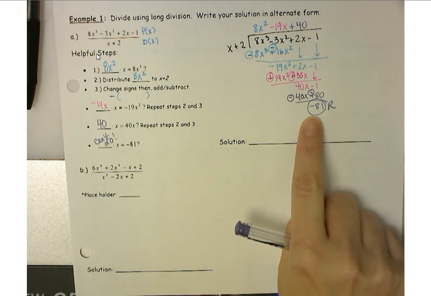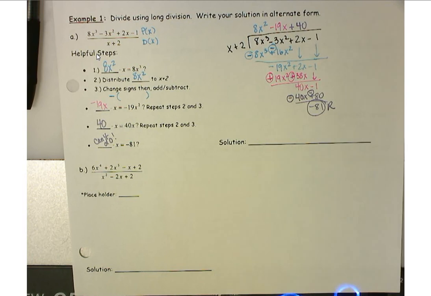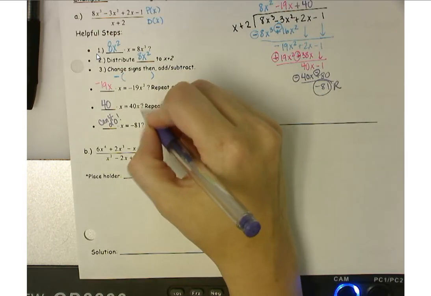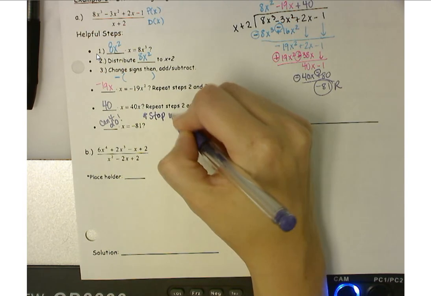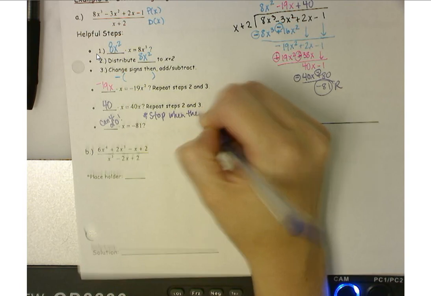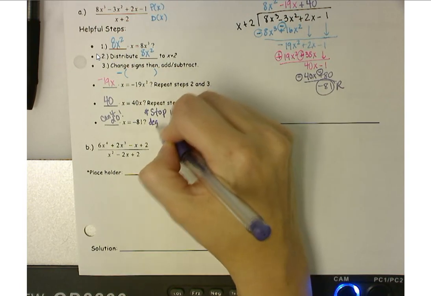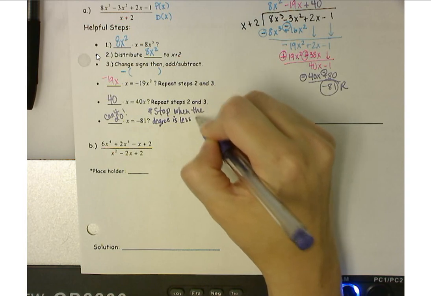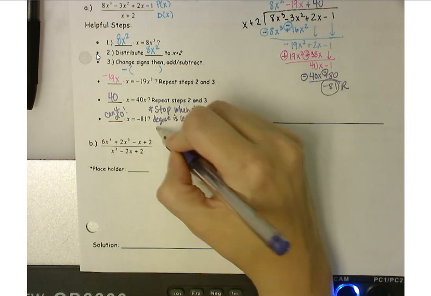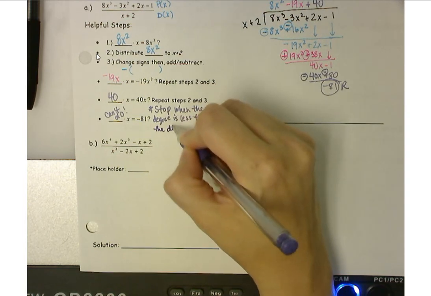Okay, so whenever the degree is less than the divisor is when you stop. So we're just going to make a little note. Okay, you are going to stop when the degree is less than the divisor.